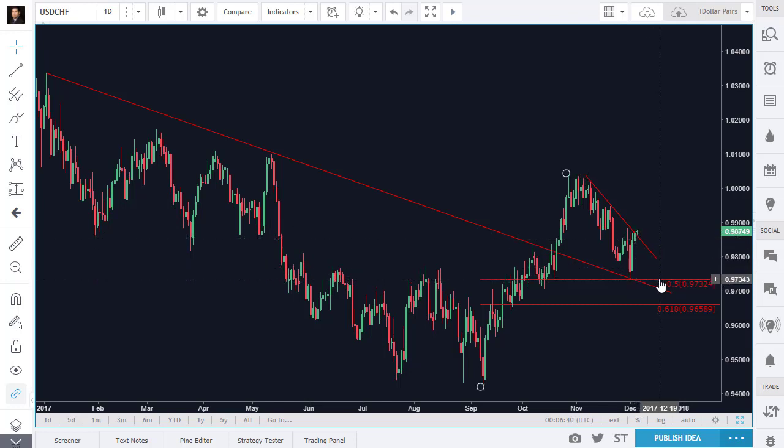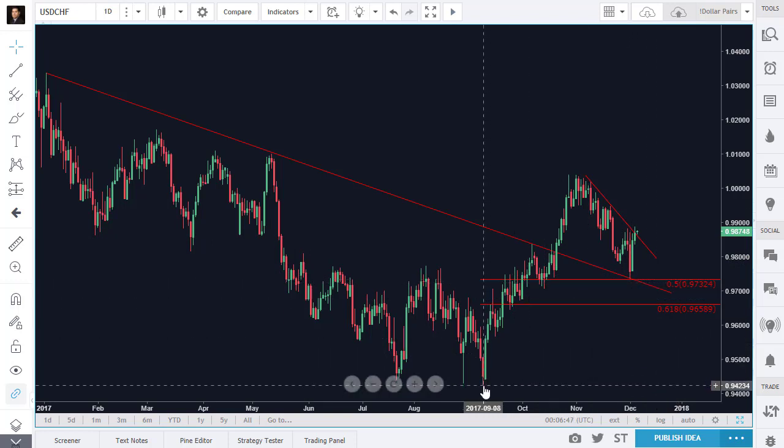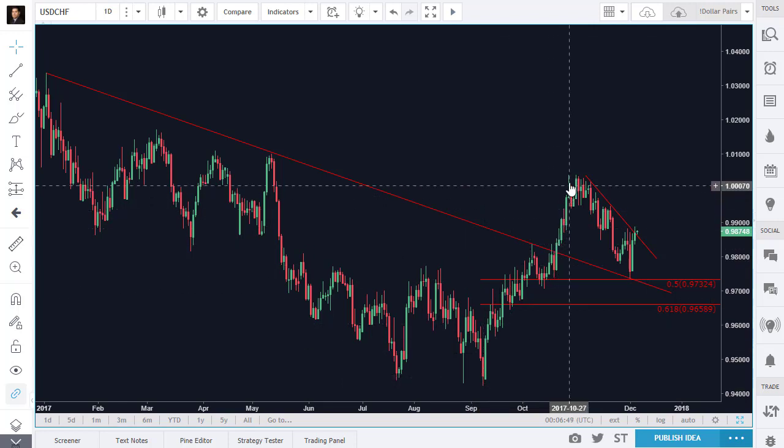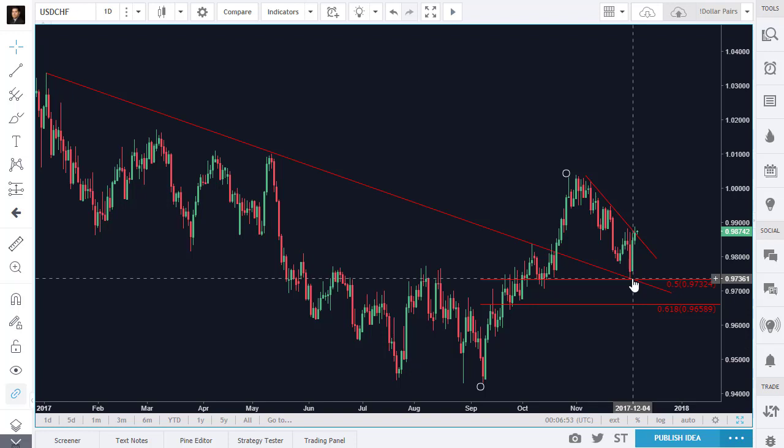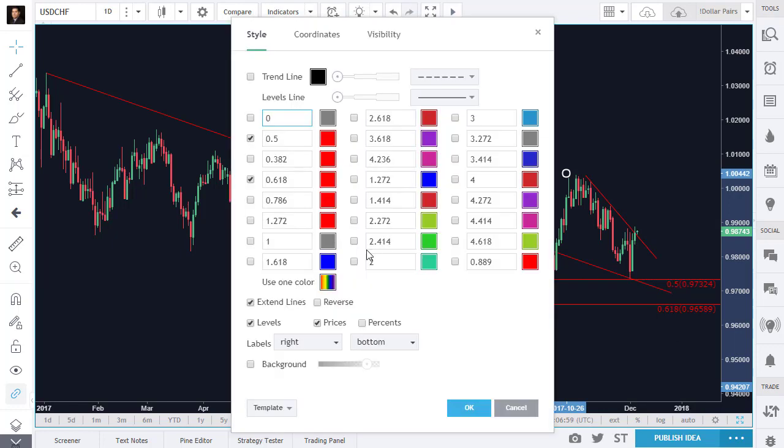On top of that, you have this Fibonacci level that we are holding up above. You can see here that if you were to measure this low to this high, you have a pullback to the 50% retracement level, which is very fascinating to the Fibonacci traders, that's for sure.